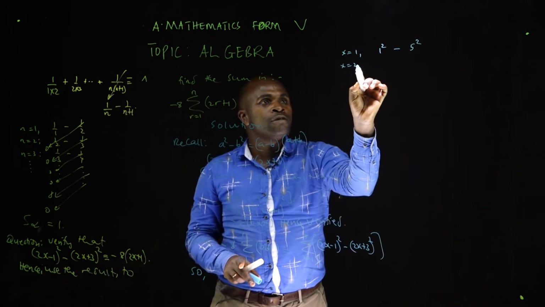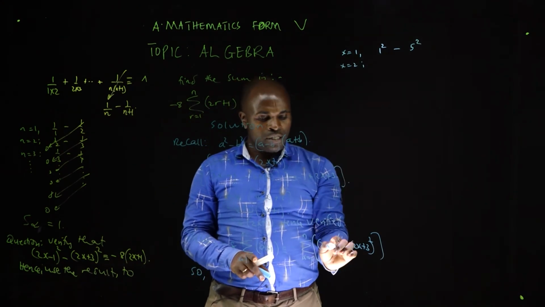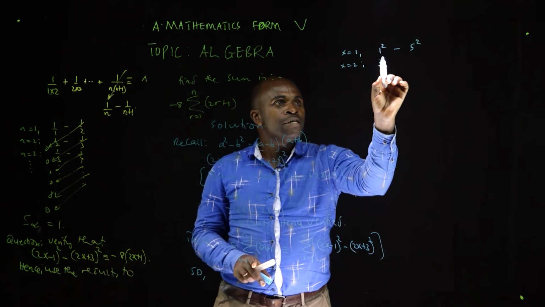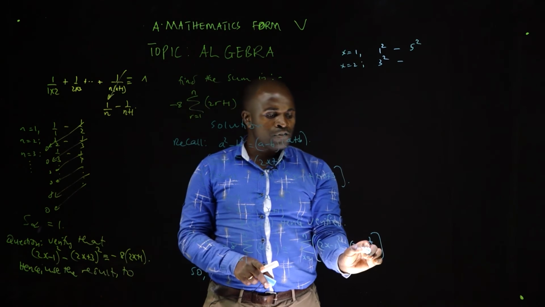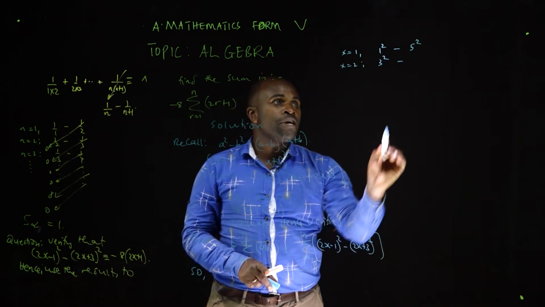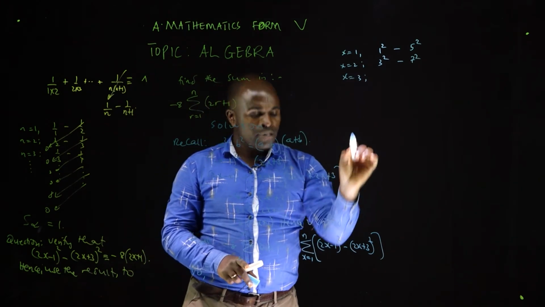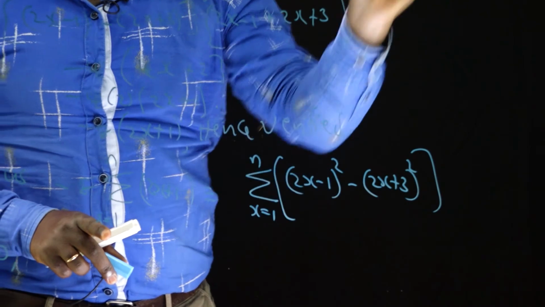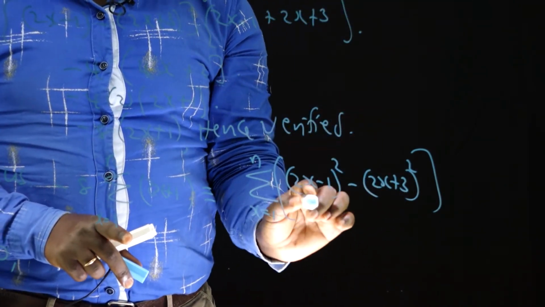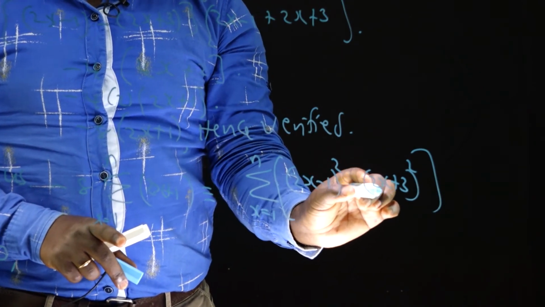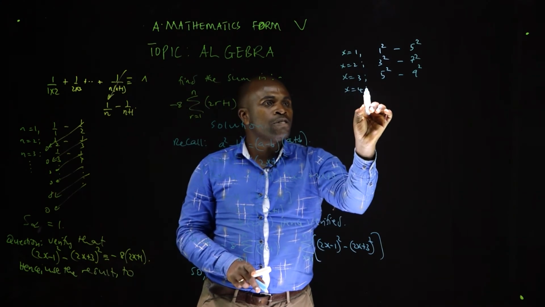When x is 2, that is 4 minus 1, 3 squared, minus, putting 2 here, 4 plus 3, 7 squared. Again, when x is 3, this gives 5 squared minus, with 3, that is 6 plus 3, 9 squared.